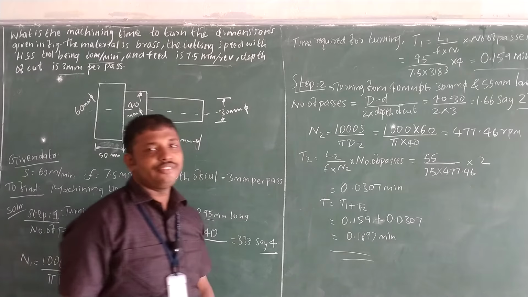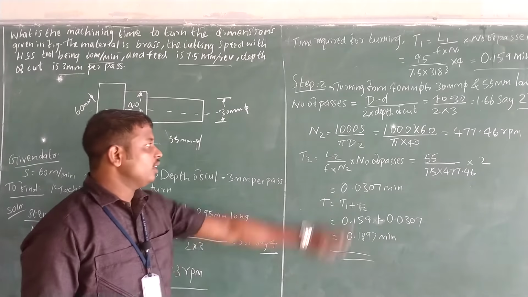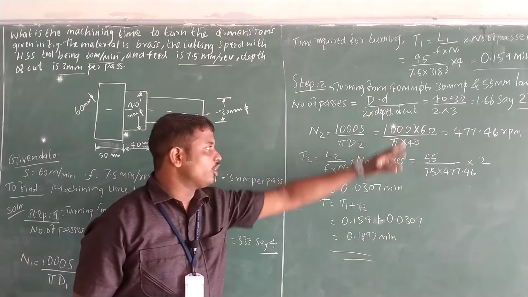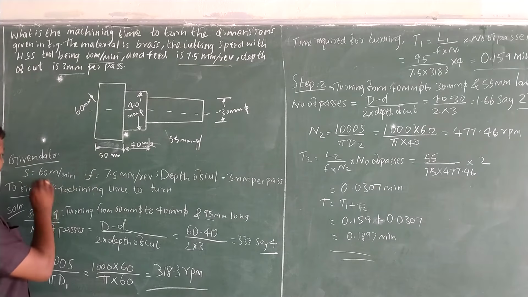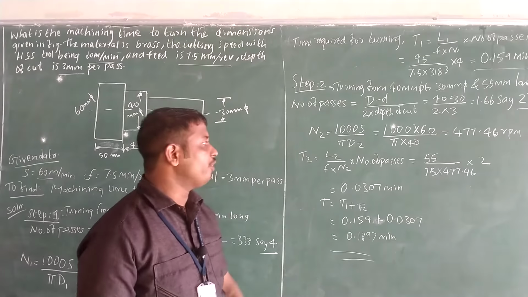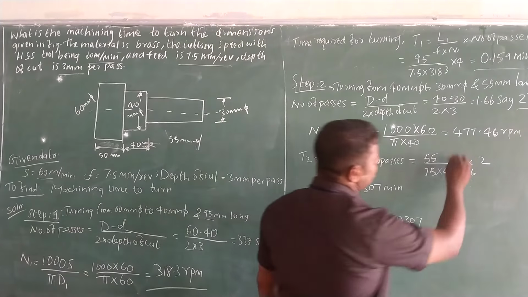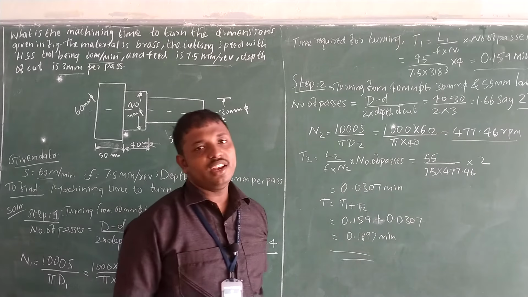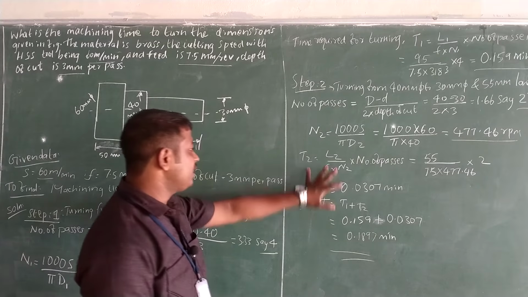Next we find the N2 speed. 1000 S divided by pi d2, the same formula. Here the cutting speed is 60, so 60 divided by pi into 40. Substituting, N2 is 477.46 RPM. Next we find T2.